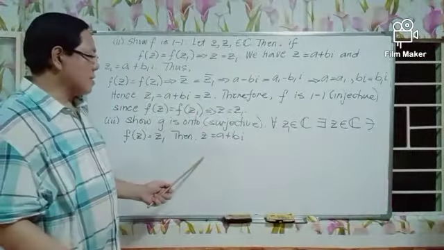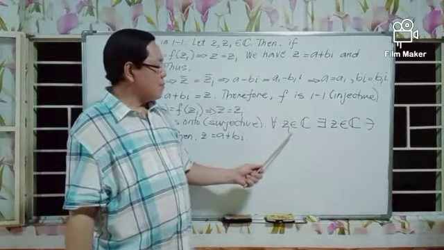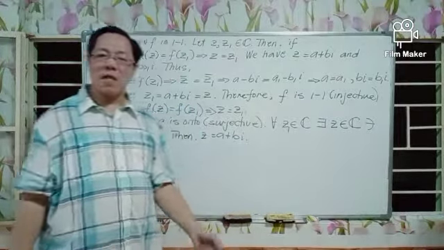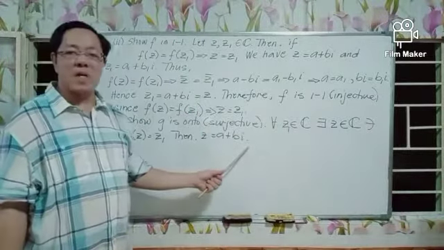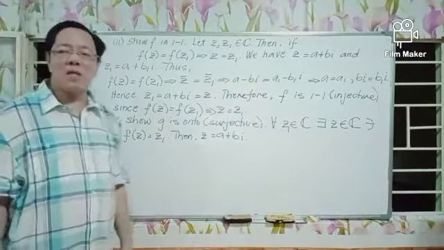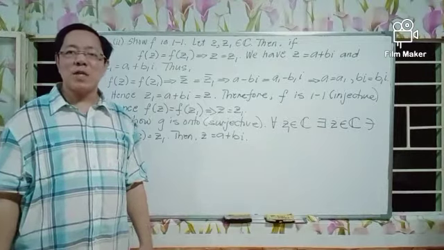Because c is an element of the set of complex numbers, it is a number of the form a plus bi. So f of c, by the function defined earlier, is equal to the conjugate of c.